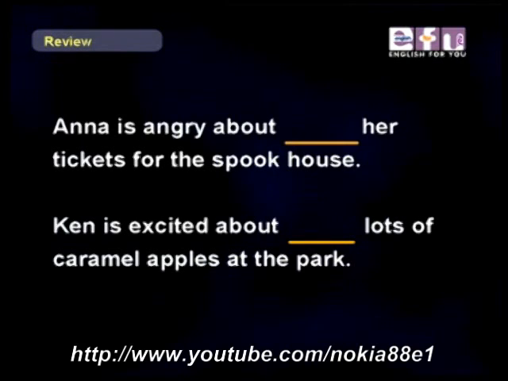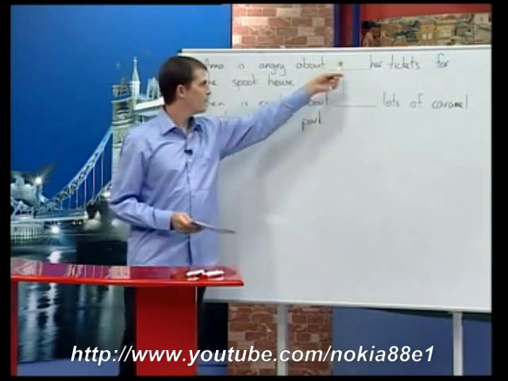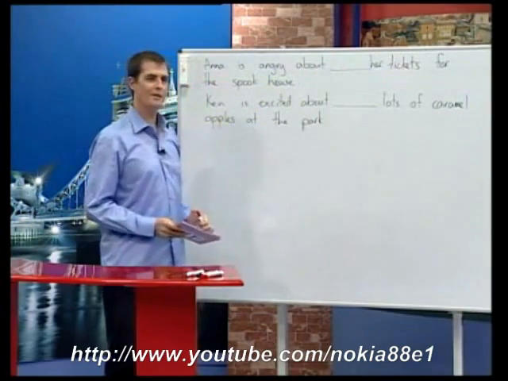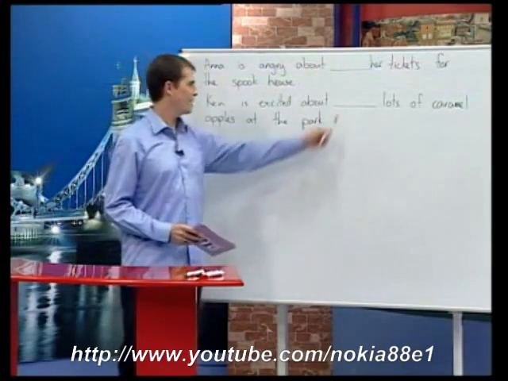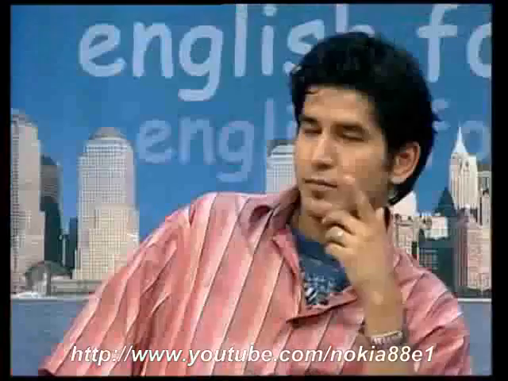Lots of caramel apples at the park. Anna is angry about her tickets for the spook house, and Ken is excited about lots of caramel apples at the park. What do you think? Anna is angry about losing her tickets for the spook house. Ken is excited about eating lots of caramel apples at the party. Good. At the park. Good.